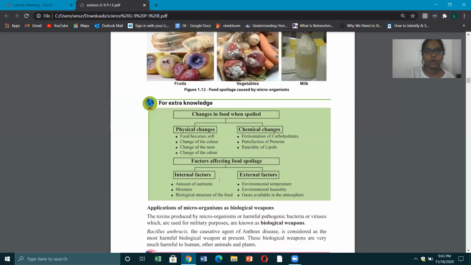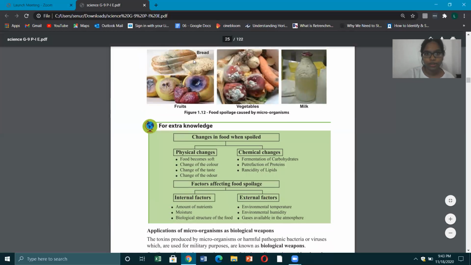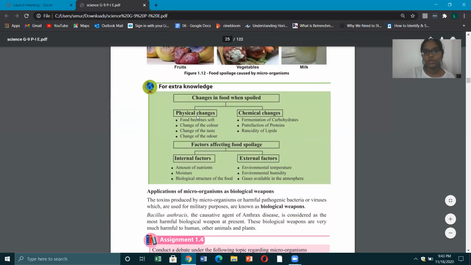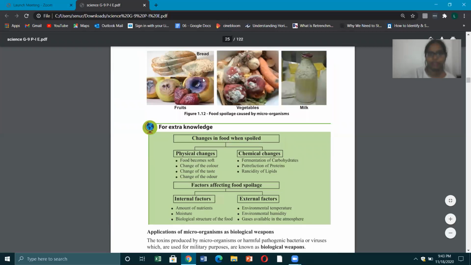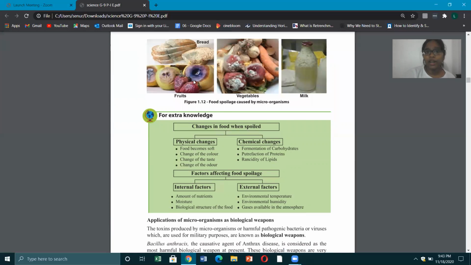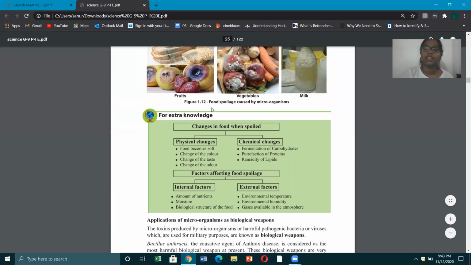Okay, so now these are some fruits, bread, vegetables, and milk. Okay, these are the two types: physical, chemical. Physical changes are that food becomes soft. Just imagine a fruit, again it will go soft inside, right? The color will be changed. The taste will be changed for sure, and the odor changes.